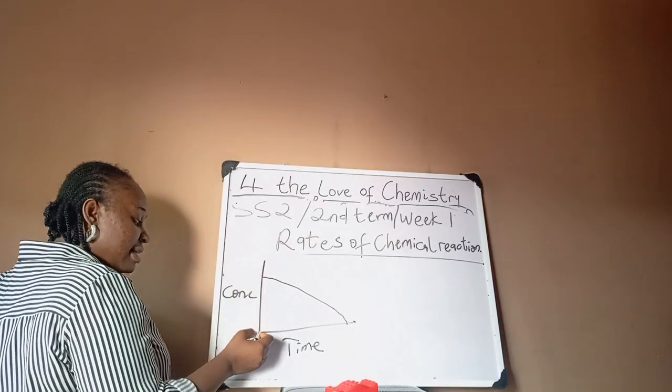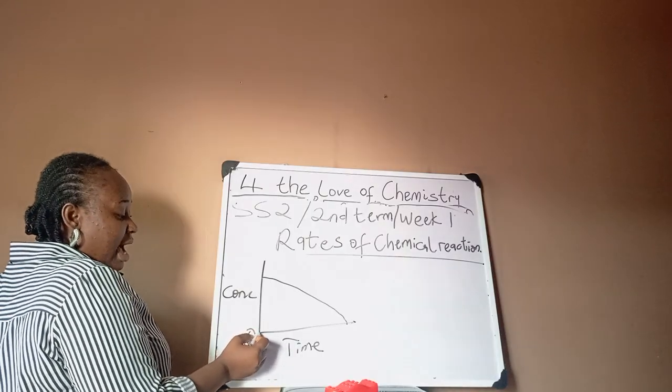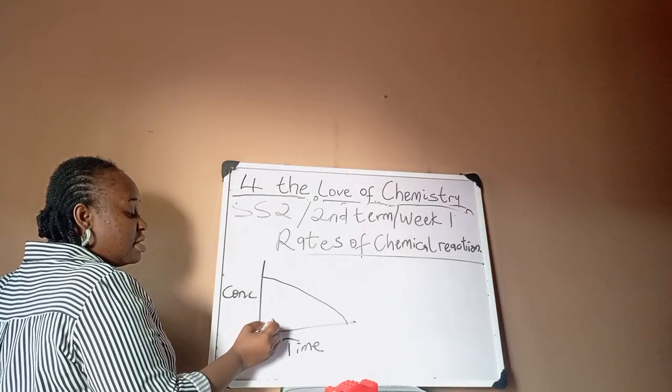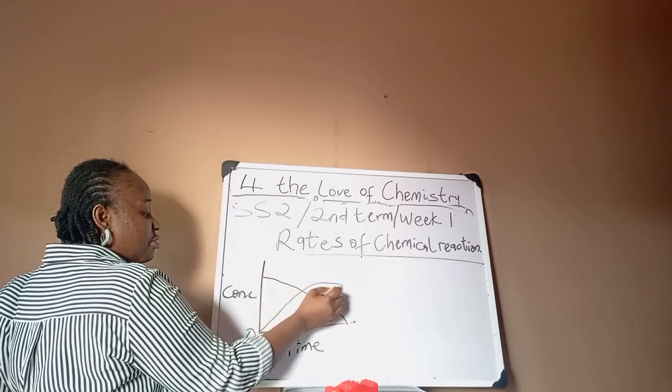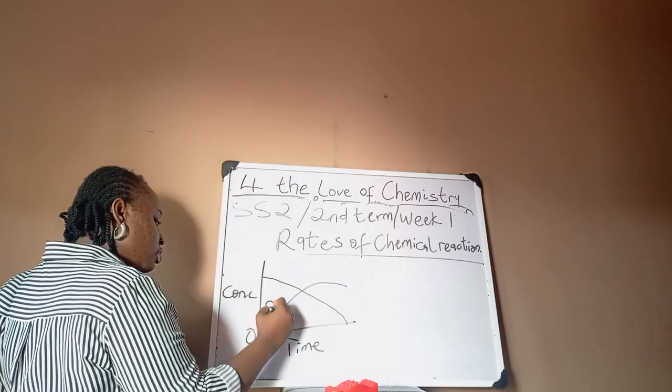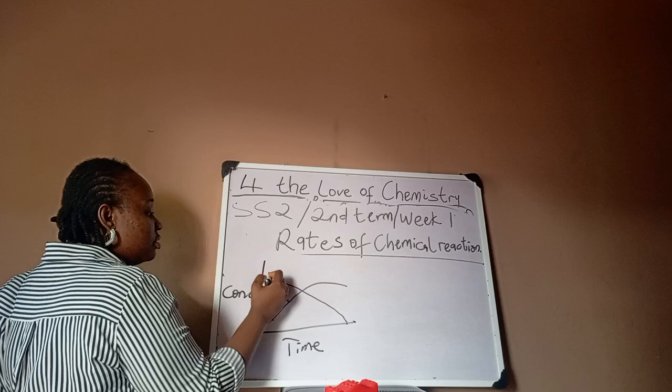When the reaction started, your product was at 0. As time proceeds, the quantity of your product is increasing as time is increasing. So this is your product and this is your reactant.